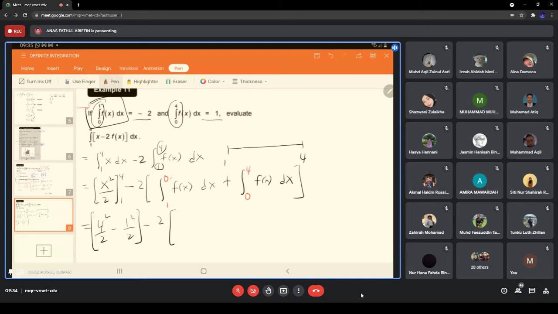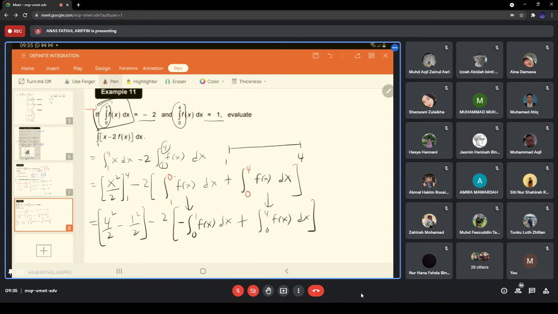So bila kita nak tukarkan dia, kita letak negatif. This one actually equivalent to negative 0 to 1 fx dx. Faham ni? And then plus this one kita dah ada value dia, 0 to 4 fx dx equivalent to 1.